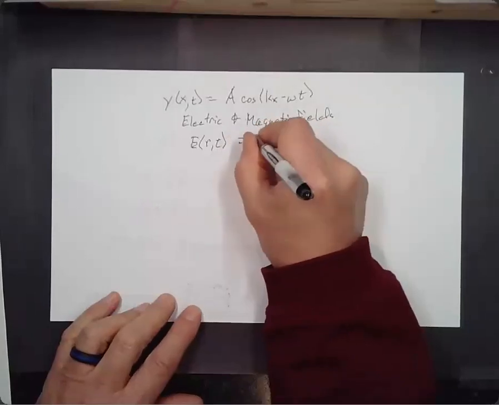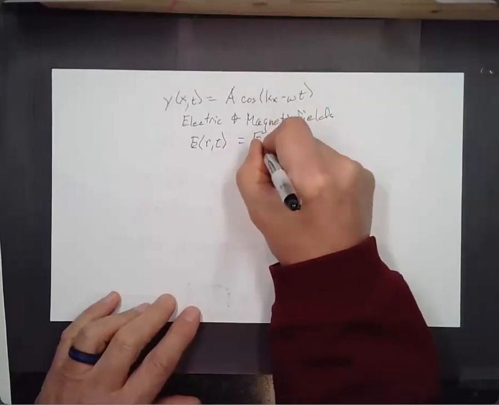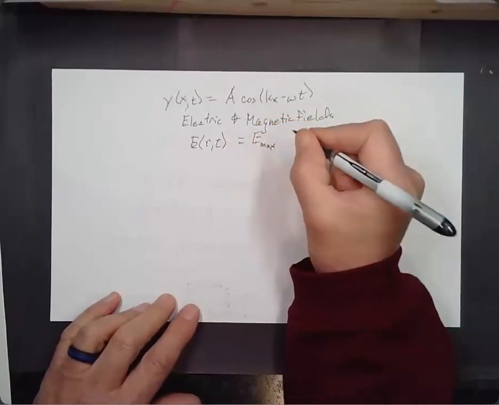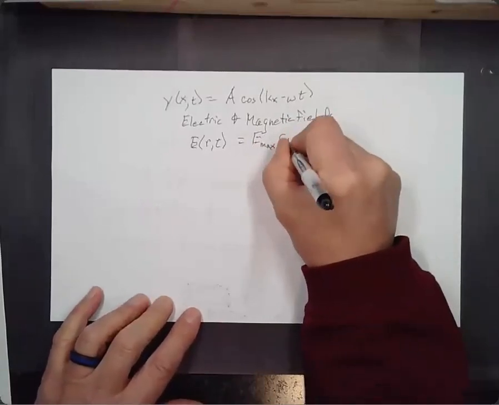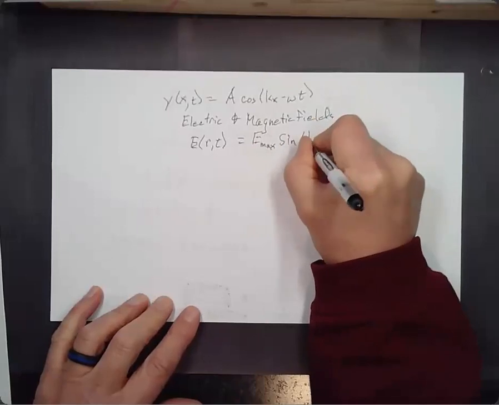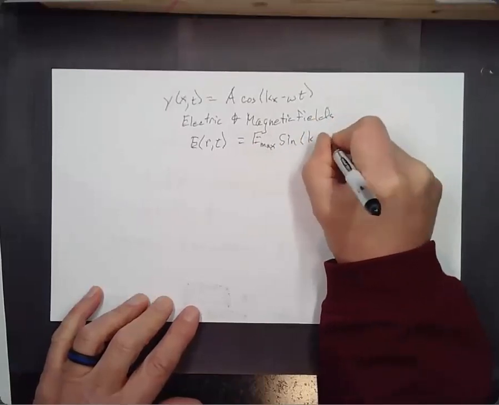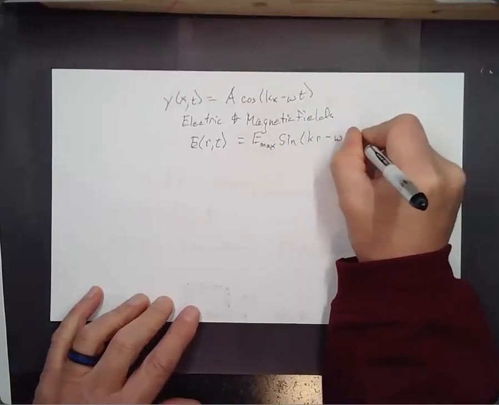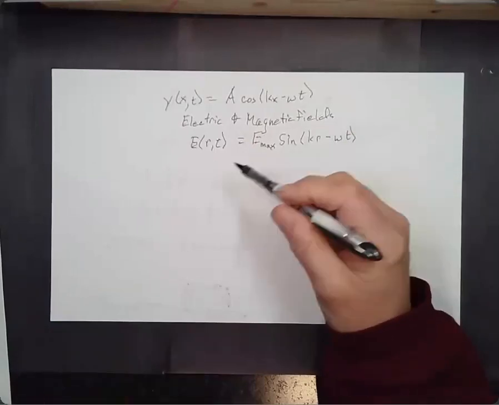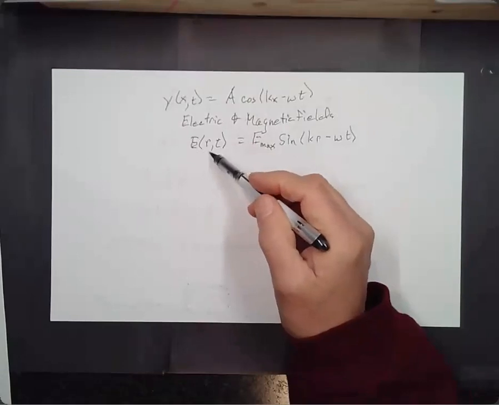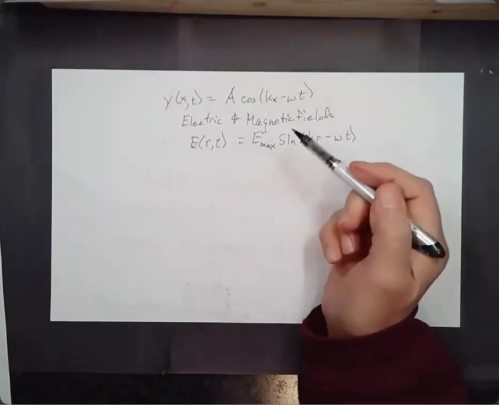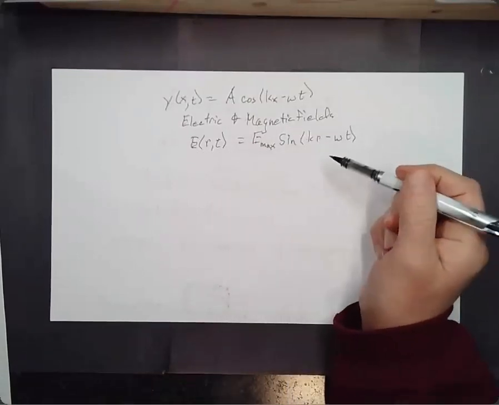And it might look like, say, some maximum amount. That would be the amplitude of the wave. And then a sine of kr minus omega t, where using a letter r, it can be a particular distance away from, say, the source of the waves, and that can be in any direction.